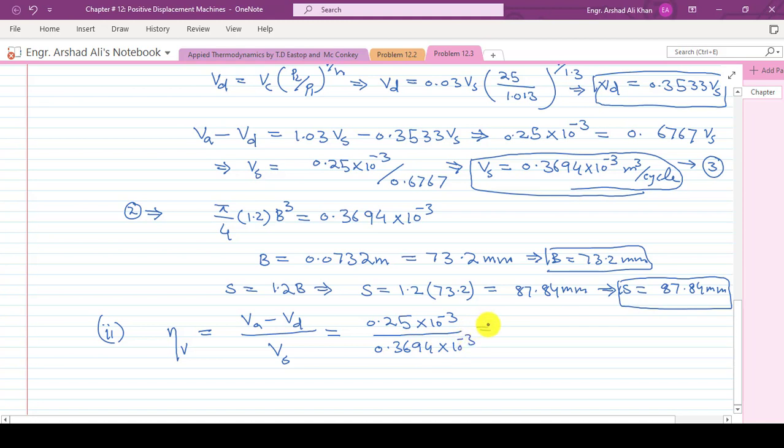So simplifying this, we get volumetric efficiency equals to 0.6767, which is 67.67%.